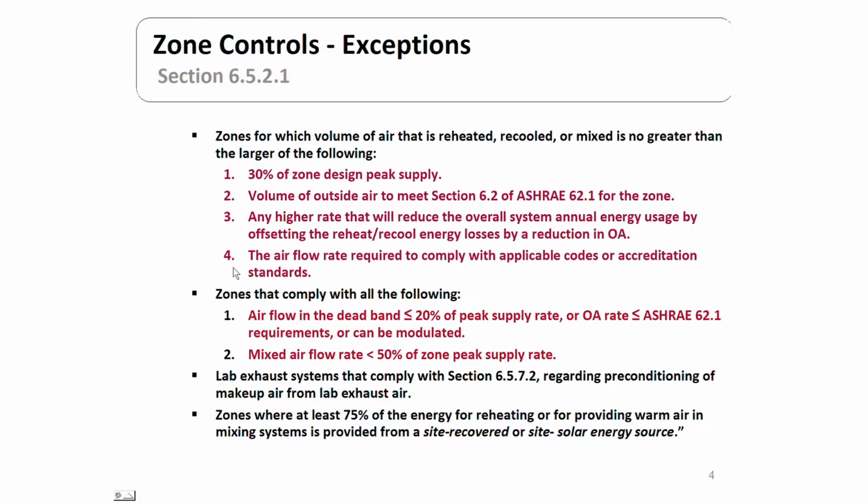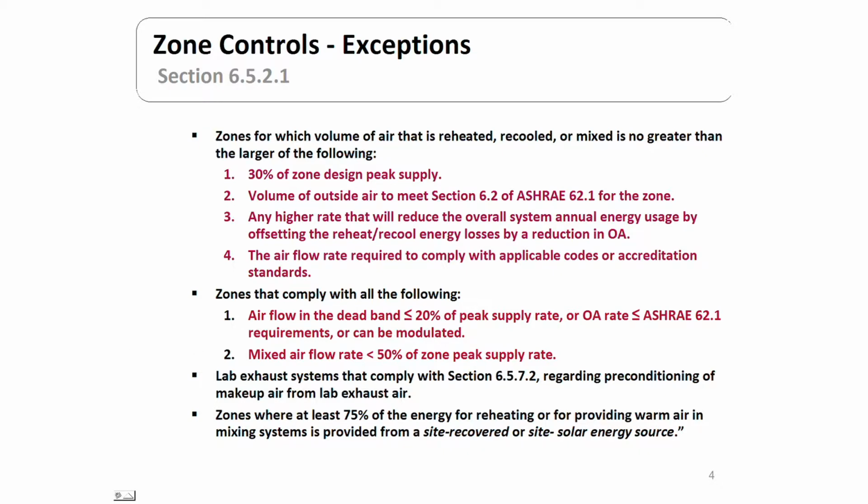Also, zones that comply with all of the following: airflow in a dead band less than 20% of the peak supply rate, or outdoor air rate less than ASHRAE Standard 62.1 requirements, or that can be modulated. Mixed airflow rates that are less than 50% of the zone peak supply rate. So again, these are all exempted.